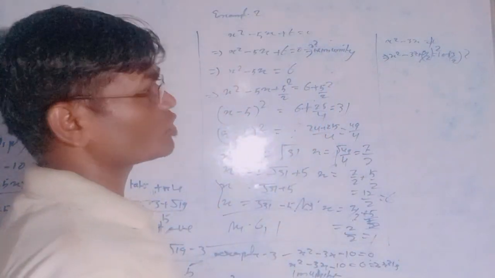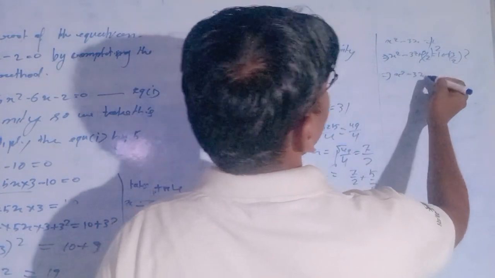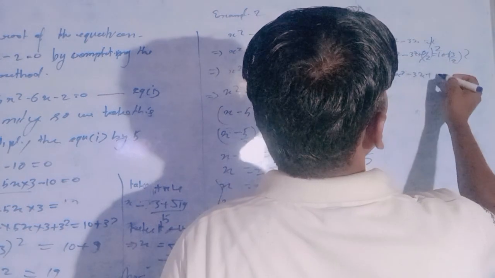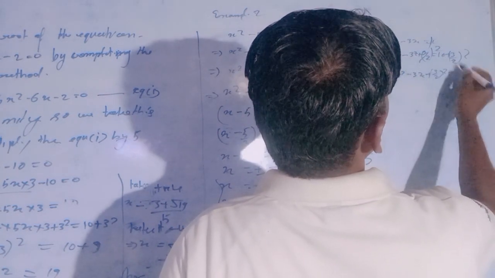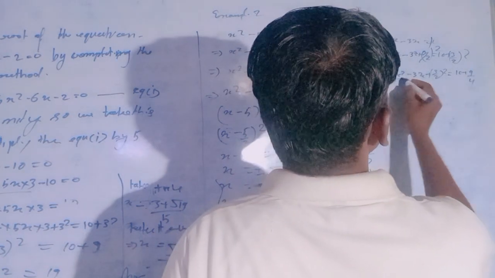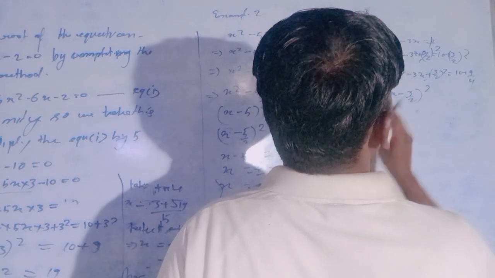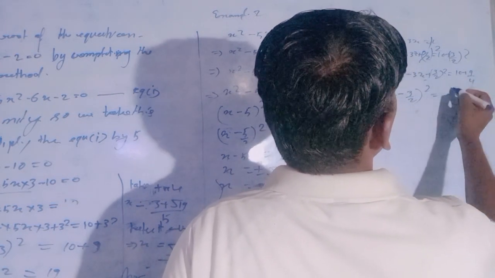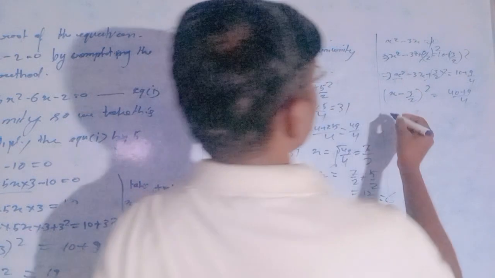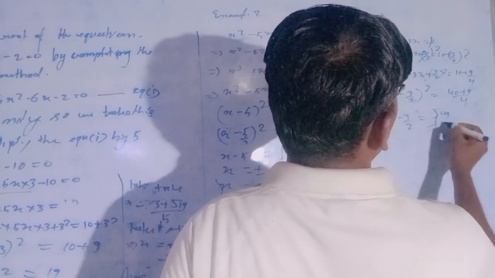Here it becomes (x minus 3 by 2) whole square, by the formula a square minus 2ab plus b square, is equal to 10 plus 9 by 4, which is 49 by 4.